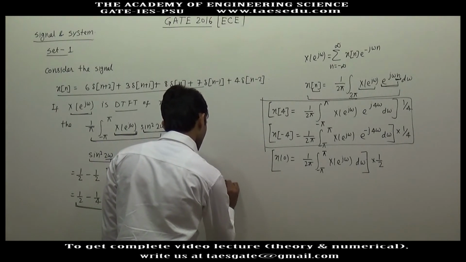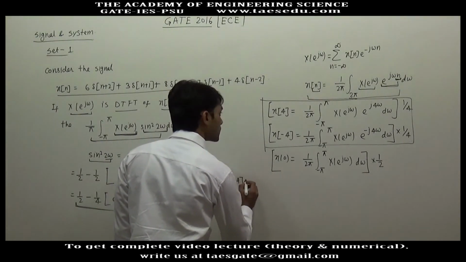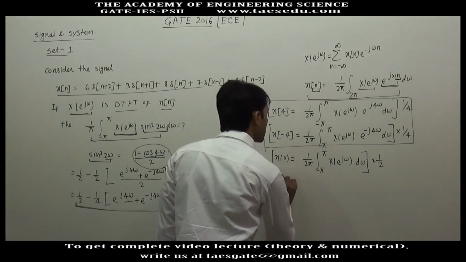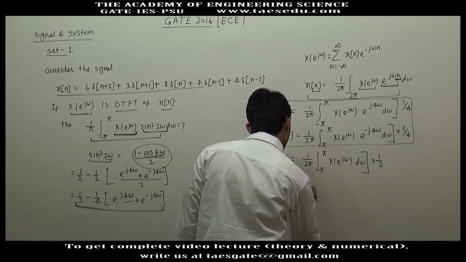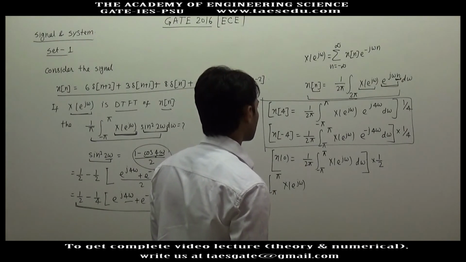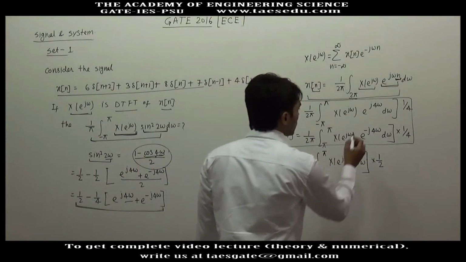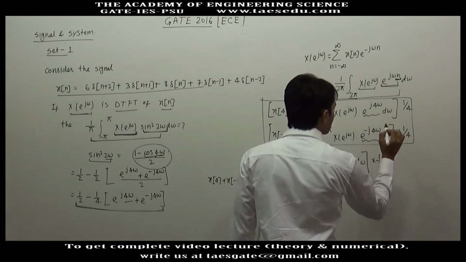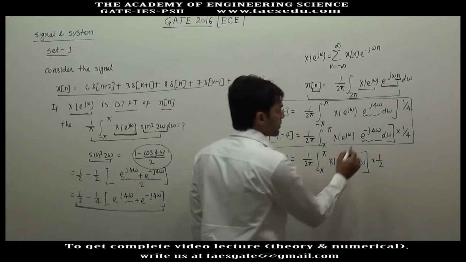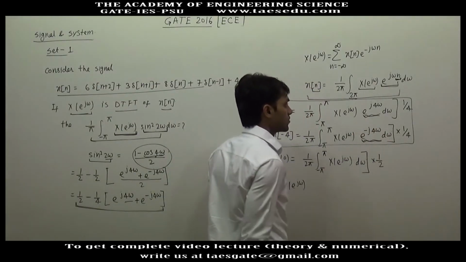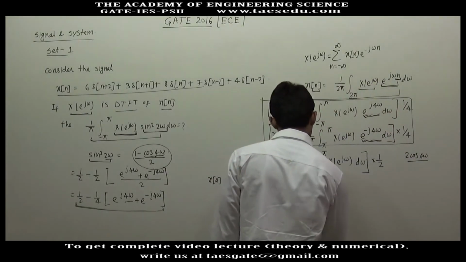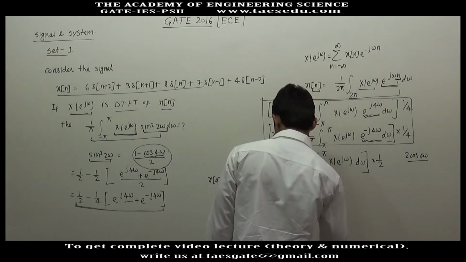x4 plus x minus 4 will be equal to 1 by 2 pi integral from minus pi to plus pi of x e to power j omega, and by addition, when these two terms get added, this will give you 2 cos 4 omega.